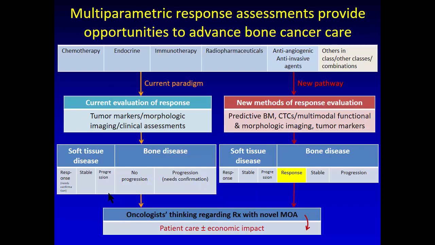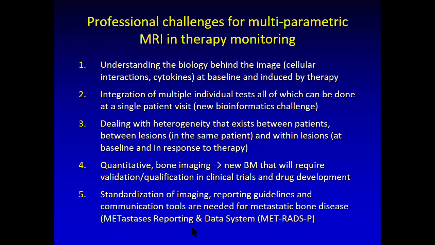Not only can we say response, stable, and progression, but we can say this bit is getting better, that bit's getting worse. You see the difference? You are breaking this paradigm for bone disease from two categories into three categories. And that is key to changing how oncologists think. And if you change the way they think about their patients, they actually act in a different way.